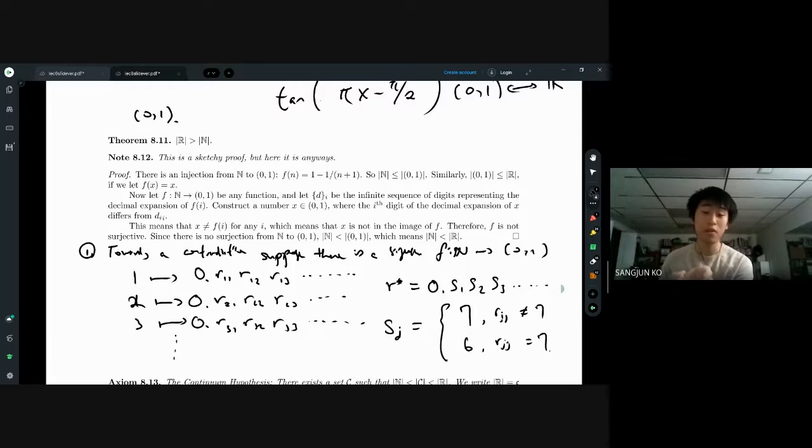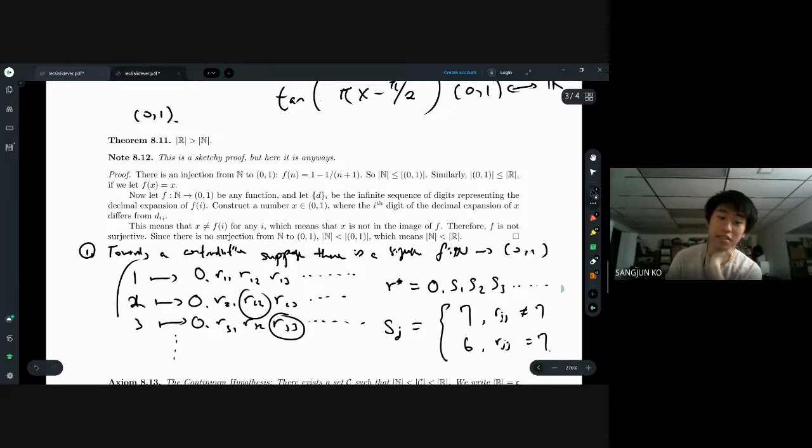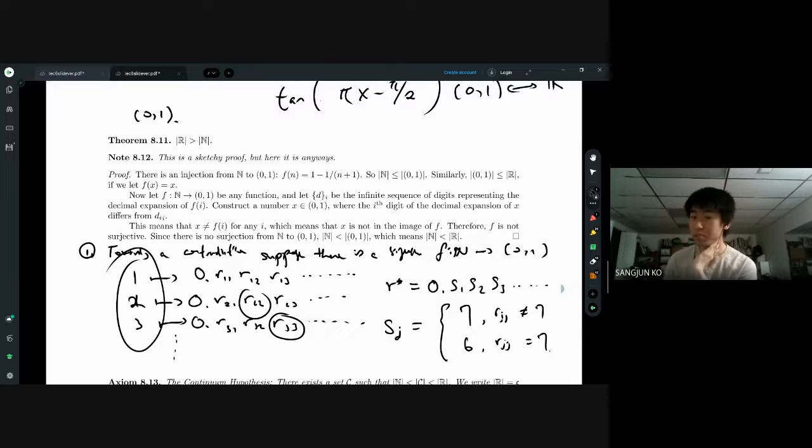And in the second number, it has to differ in the second digit, by similar logic, and in the third digit also. So this number that we cooked up differs from every number that we listed in the jth digit. That means this number doesn't appear in this list. That means this isn't surjective, and that's a contradiction. Okay?